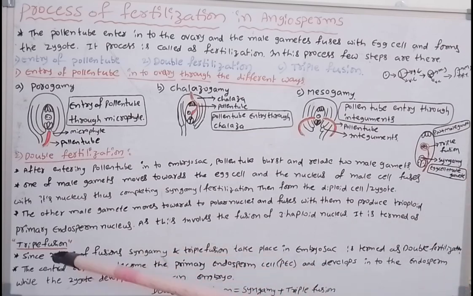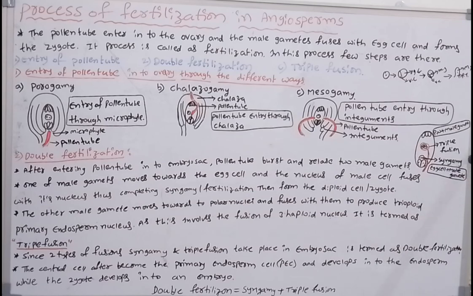Since two types of fusions, syngamy and triple fusion, take place in the embryo sac, it is termed double fertilization. Double fertilization means syngamy plus triple fusion. Syngamy is one fertilization: the egg cell and male gamete fuse and form the zygote.